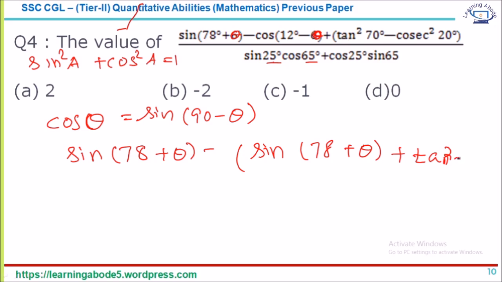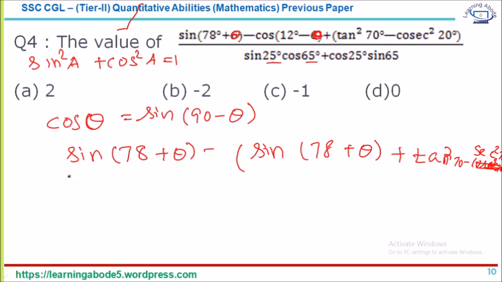tan square 70 and cosecant square 20, just keep it as it is. Okay, the cosecant square 20, you can write it as secant square 70. So like how we got the relationship for cos theta equal to sin 90 minus theta, we also know secant theta is equal to cosecant 90 minus theta similarly, right?